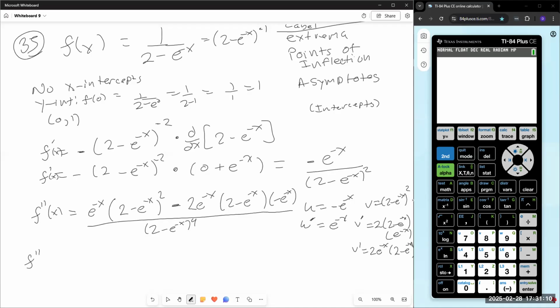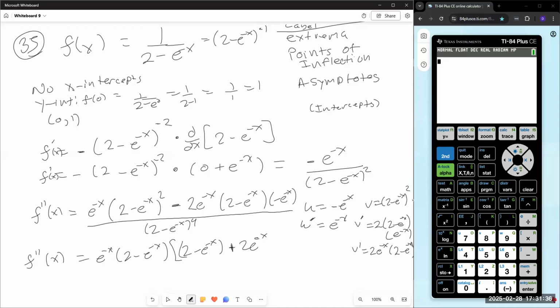So f double prime of x will have an e to the negative x times (2 minus e to the negative x) come out. And I'll be left with 2 minus e to the negative x plus 2e to the negative x.